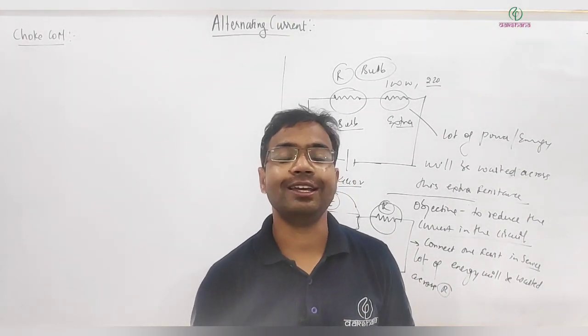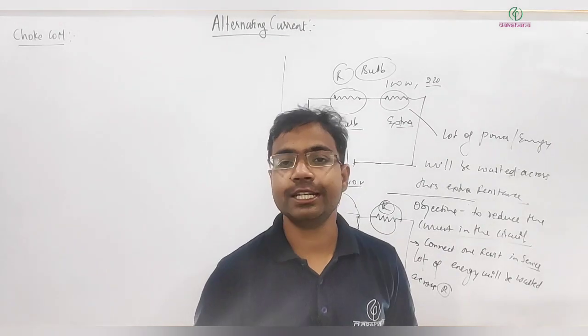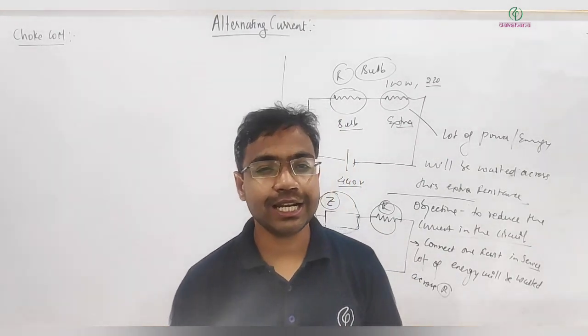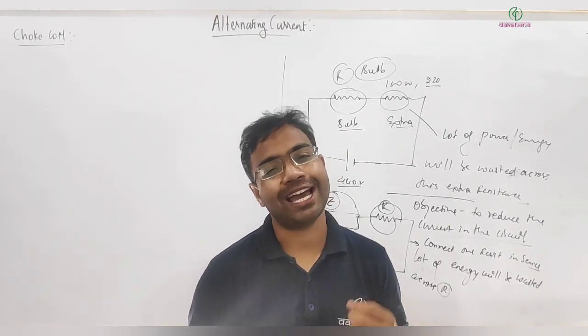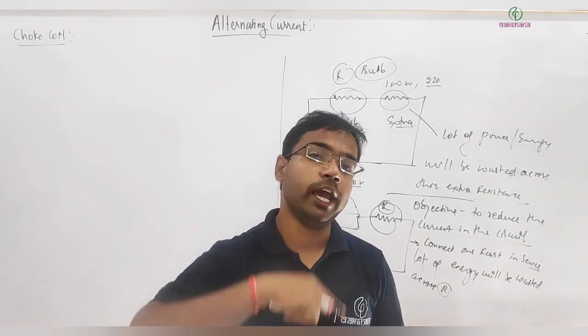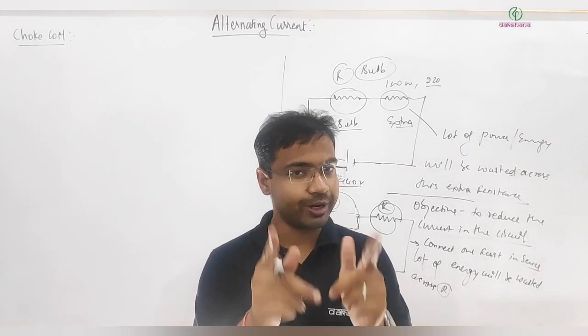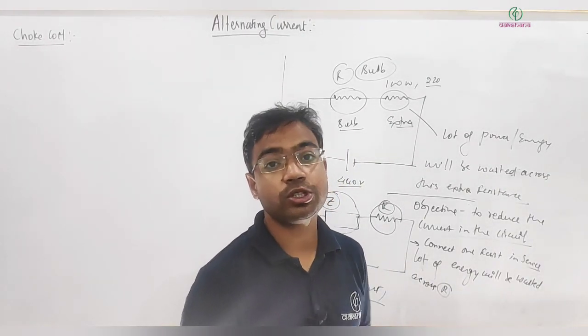If I go for an ideal choke coil, the resistance of the choke coil is 0, so there is no power loss. But in practice, the real choke coil has some small resistance because it's an inductor made of wire, and wire has some resistance. I hope you are getting my point about the choke coil.